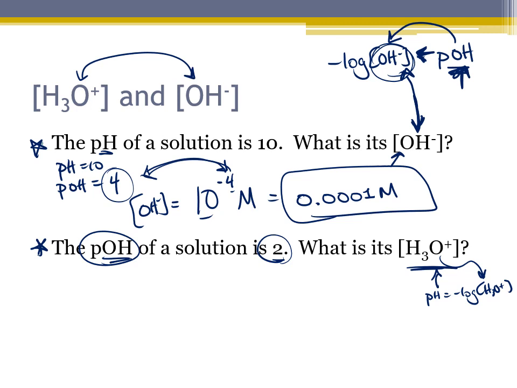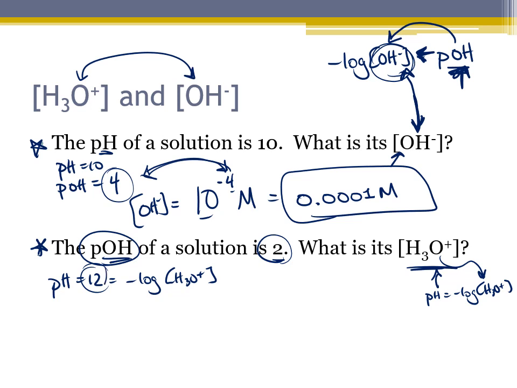If the pOH is 2, remember that pOH plus pH equal 14. If 2 is the pOH, then the pH is going to be 12 because 12 plus 2 equals 14. If the pH is 12, that means that this is the negative log of the hydronium ion concentration. To find a negative log, I figure out what's the exponent on a 10.